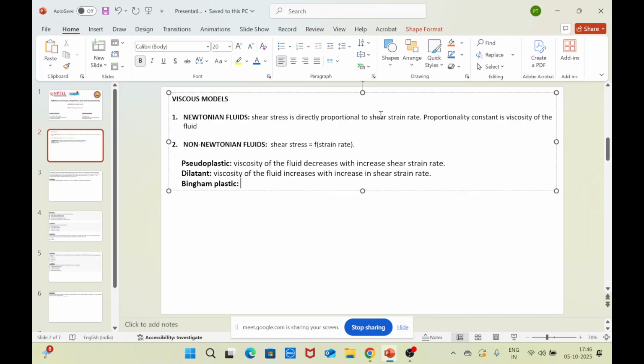Only when the applied stress exceeds the yield stress do they exhibit flow behavior.